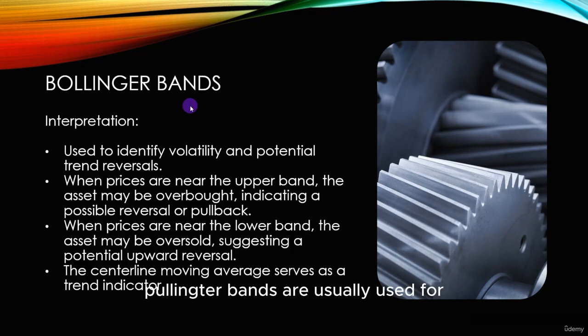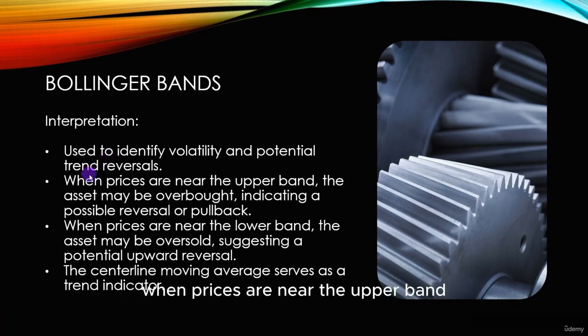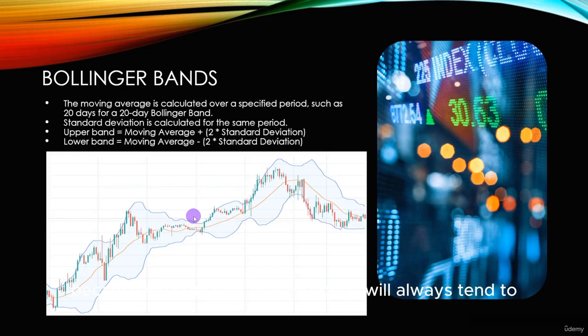Bollinger Bands are usually used for identifying volatility and potential trend reversals. When prices are near the upper band, the asset may be overbought, indicating a possible reversal or a pullback, because we consider that the price will always tend to stay within these plus or minus twice the standard deviation and go back to the moving average curve.